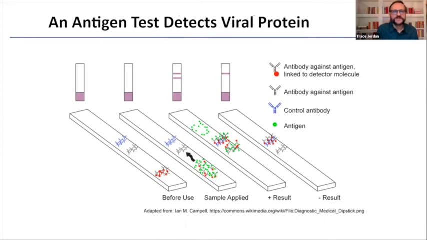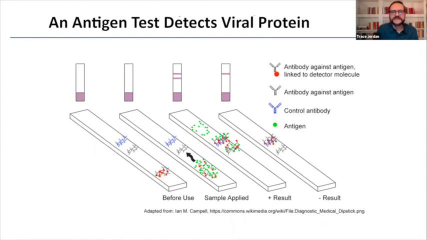If the antigen is present, then there is a detector molecule that produces a line on the test. So that indicates that you have a positive antigen test. It's also important to have a control line as well to make sure that the test is working. So if you have a positive antigen test, what you will see is a line corresponding to the existence of the antigen and a second line corresponding to the presence of the control.